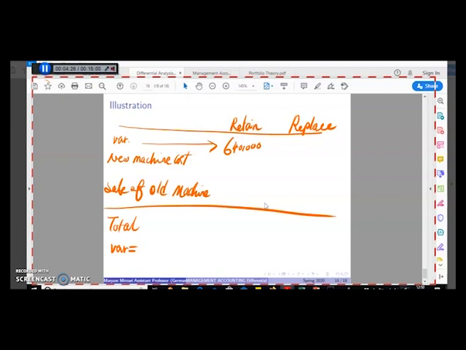How much variable cost do we have here? 160,000 times how many years? 4 years, which equals 640,000. So in case I retain the old machine, I will have $640,000 for the variable cost.